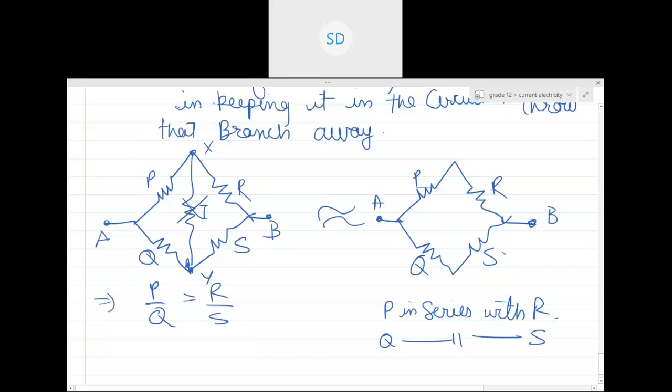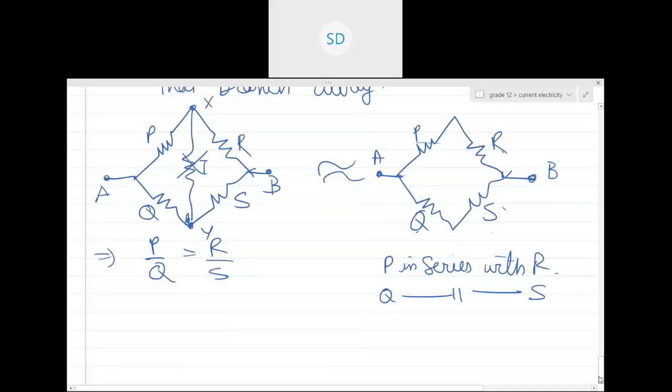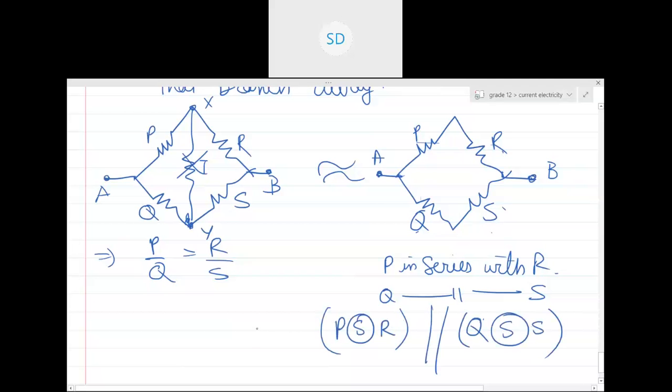Note very well. P and R will be in series and Q and S will be in series. I told you how to identify P, Q, R, S. The series combination of P and R will be in parallel with the series combination of Q and S. This is how you will calculate the net resistance. Is it clear?